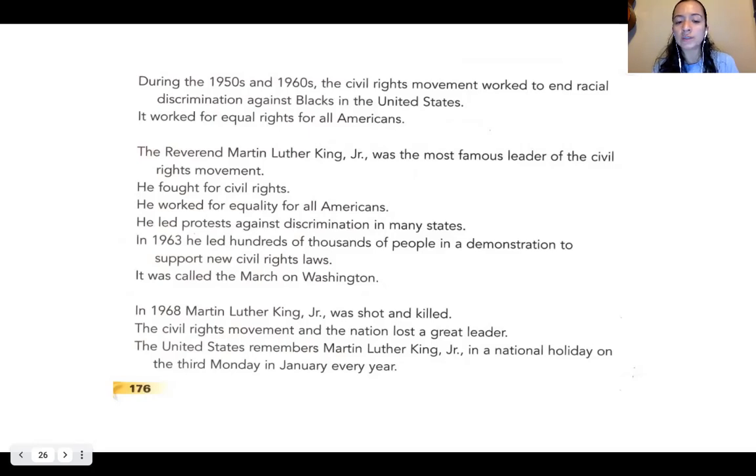It was called the March on Washington. In 1968, Martin Luther King Jr. was shot and killed. The civil rights movement and the nation lost a great leader. The United States remembers Martin Luther King Jr. with a national holiday on the third Monday in January every year.